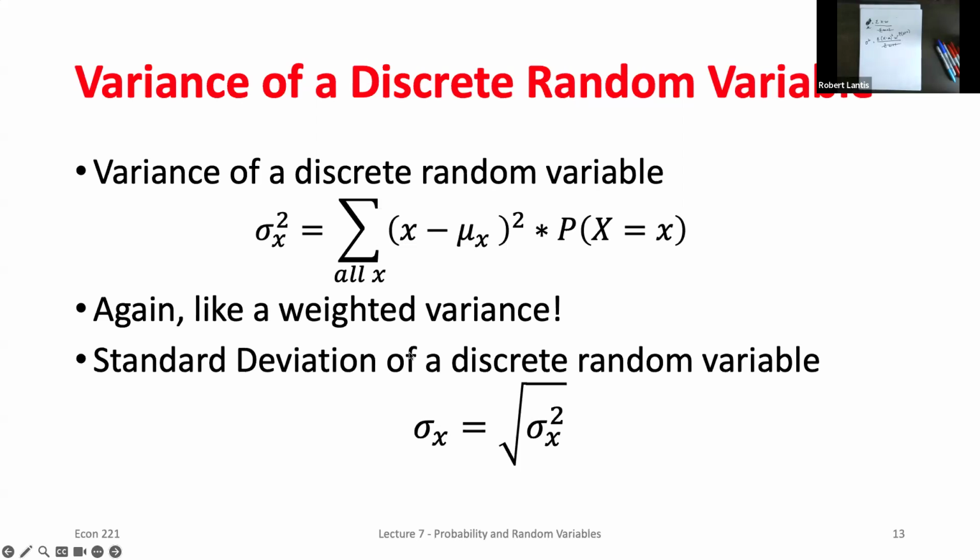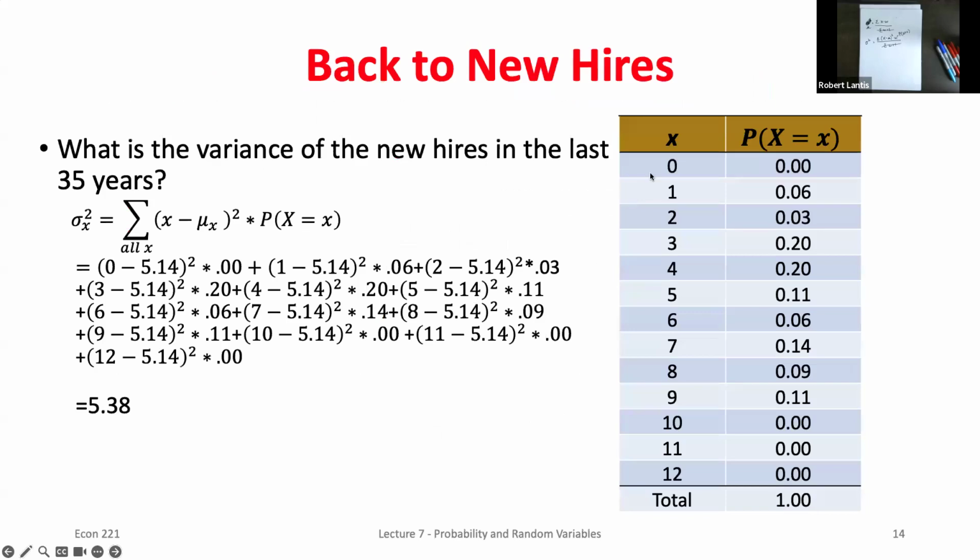So if we look at our data for new hires, what would I do? Well, I'd go through the very first observation, the first possible experimental outcome value, 0 minus the mean of 5.14, square it, multiply it by the probability 0 occurs. Once again, whenever we have these probabilities of 0 occurring, do we really need to use this? No, right?